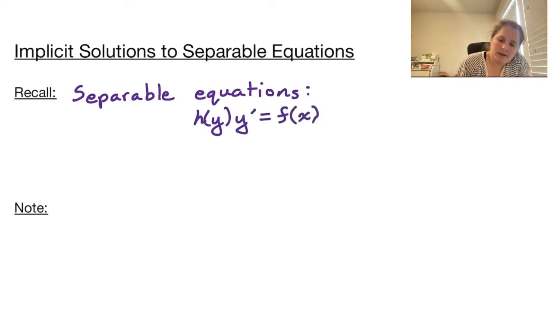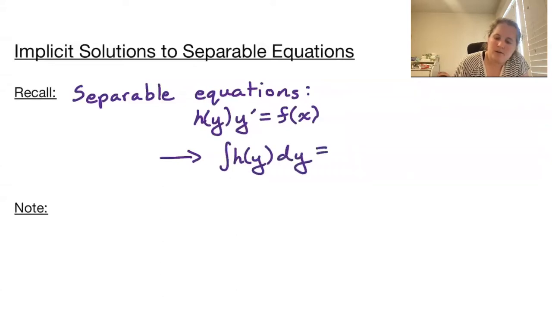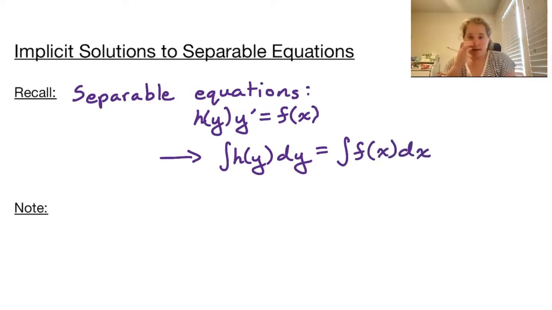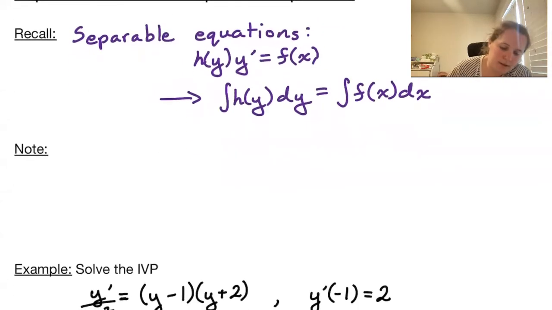And what we did then was we took the integral of h of y dy, and that should equal the integral of f of x dx. And as we saw in the last video, this usually will not immediately give us an equation y equals.